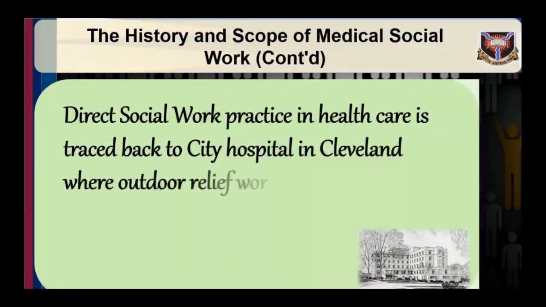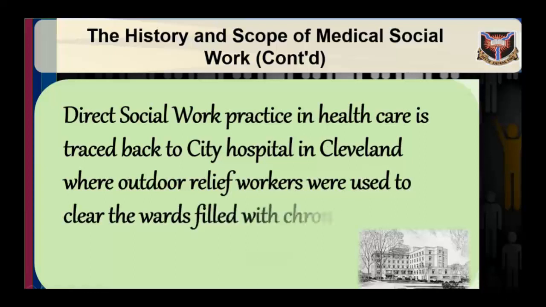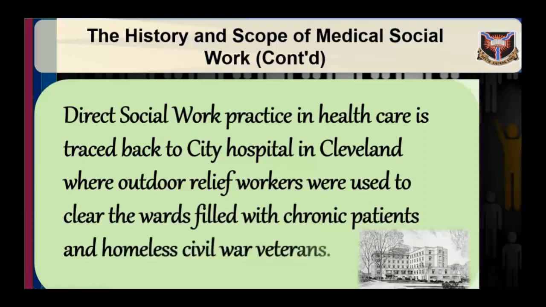Then, social workers addressed public health problems such as tuberculosis and infant mortality, syphilis, polio, and unmarried pregnancy. Direct social work practice in healthcare is traced back to City Hospital in Cleveland, where outdoor relief workers were used to clear the wards filled with chronic patients and homeless Civil War veterans.